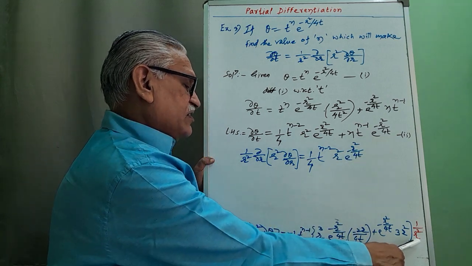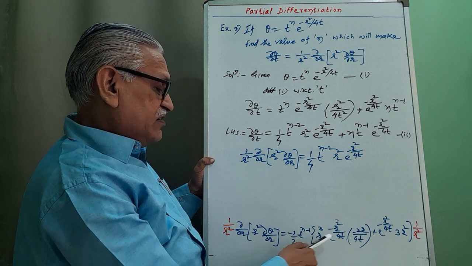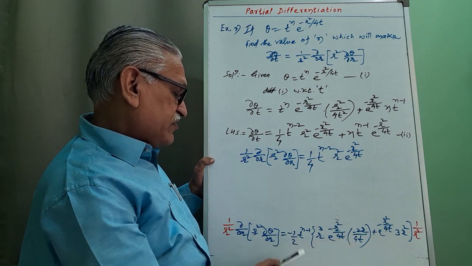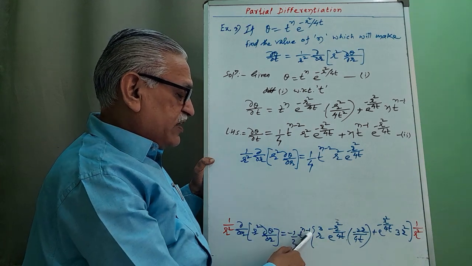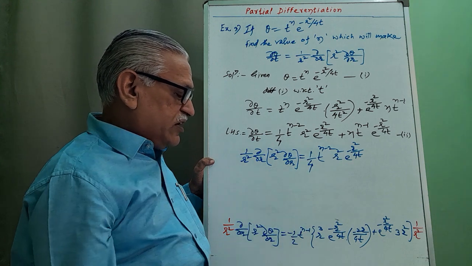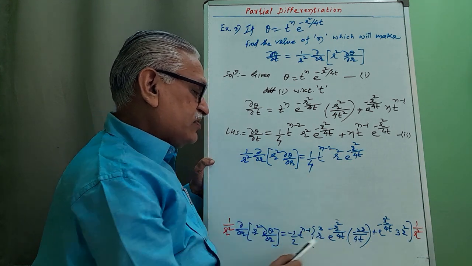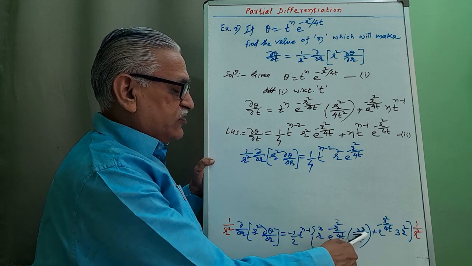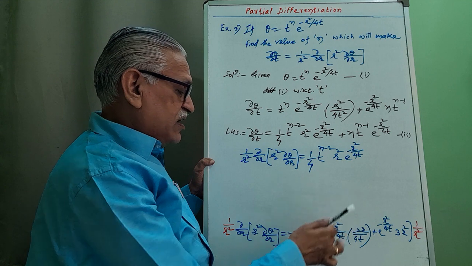Once again check it, multiply this by 1 by r square inside, minus minus it become plus. 1 by 2 into this 1 by 2, it become 1 by 4 t raised to n minus 1 divided by t, it become t raised to n minus 2, r cube divided by r square, r remaining, and into this r, it become r square, and e raised to minus r square by 4t.